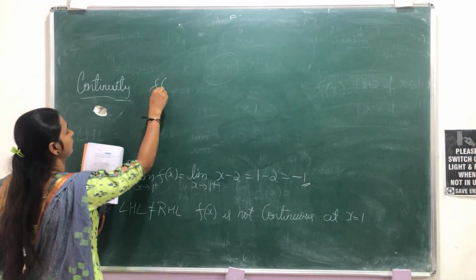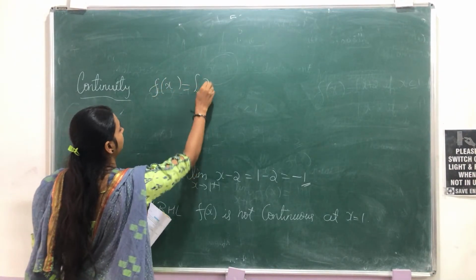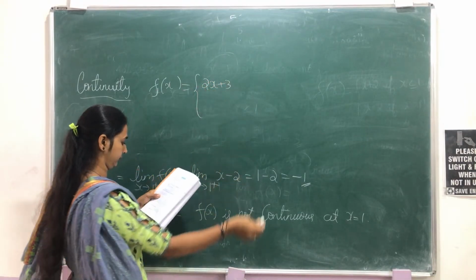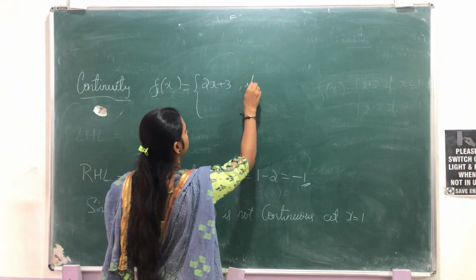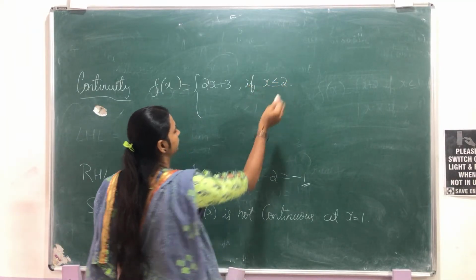f of x equal to 2x plus 3 if x is less than or equal to 2.